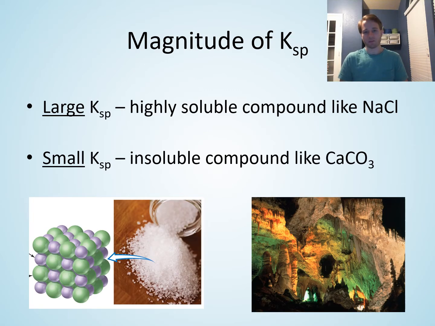The magnitude of K, like in any equilibrium reaction, tells us some stuff. The larger the K is, the more soluble that ionic compound is in solution. Sodium chloride has a very large Ksp, so it's very soluble, while calcium carbonate has a very, very small Ksp, so it's a relatively insoluble compound.